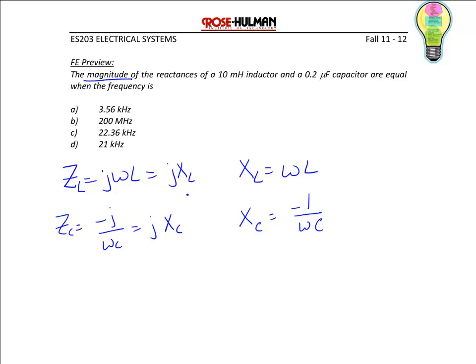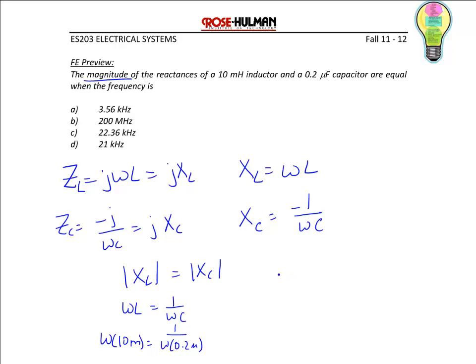So this says when the magnitude of the reactances is equal. That means when the magnitude of XL equals the magnitude of XC, or when omega L equals 1 over omega C. So omega times 10 milli, which is L, must be equal to 1 over omega times 0.2 micro.